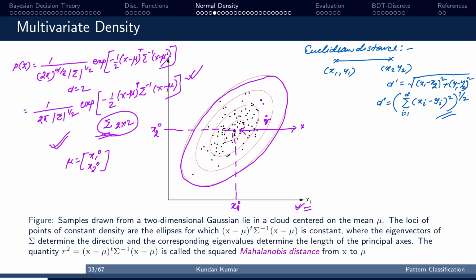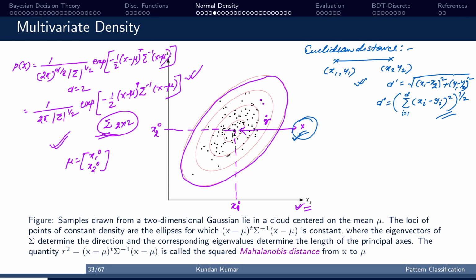But when we calculate the distance of a point from this distribution, can we use the Euclidean distance? No, because the Euclidean distance is defined for the distance between 2 points. But here we are trying to compute the distance of a point from a distribution.